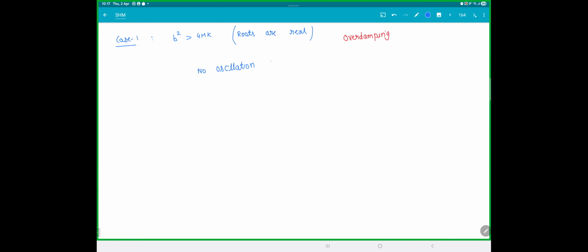So if you have a system which is overdamped and you try to disturb it, it won't oscillate. That means when you stretch it and release, it comes back to the mean and stops. That's it. There'll be no oscillation.